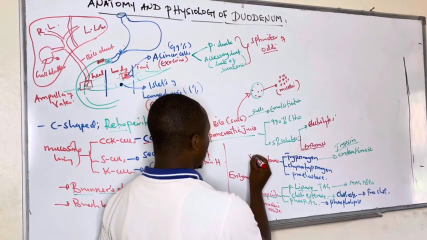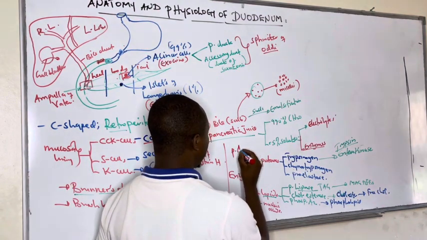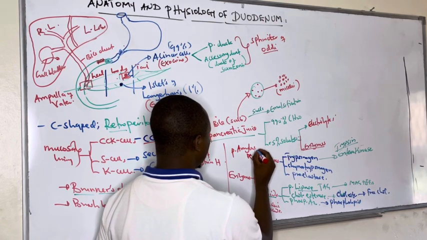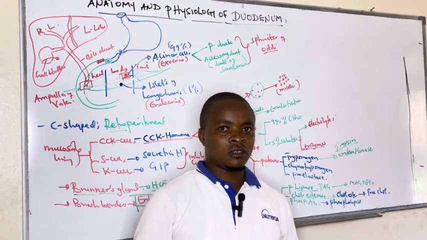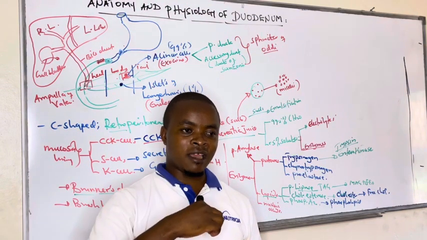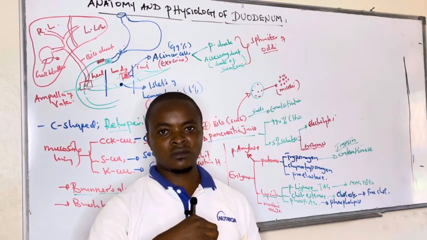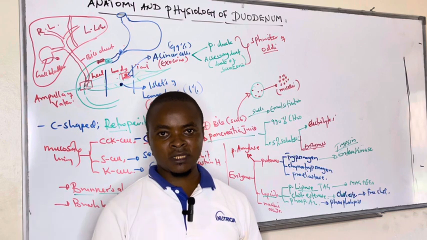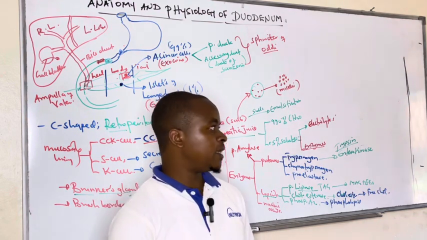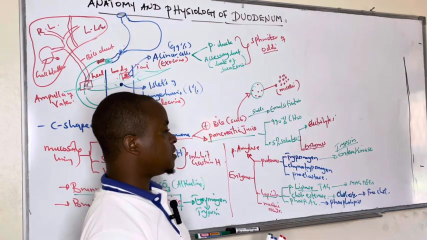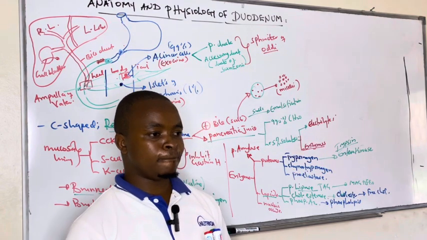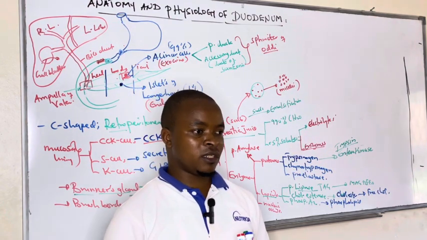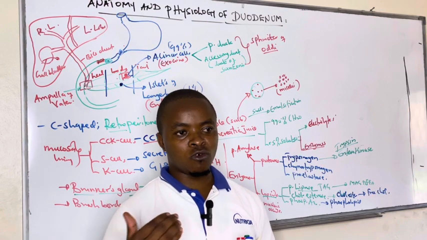There is also pancreatic amylase, which breaks down the remaining starch. You know, there is salivary amylase, which works on the starch in the mouth, and we saw its digestion ending in the stomach. Then here there is also another pancreatic amylase that breaks the alpha-1,4 glycosidic bond holding the starch.